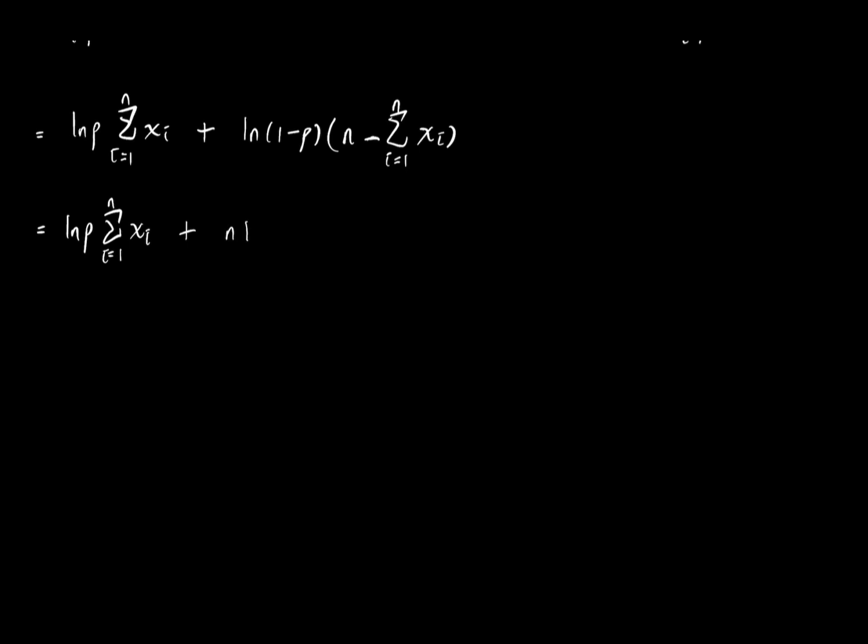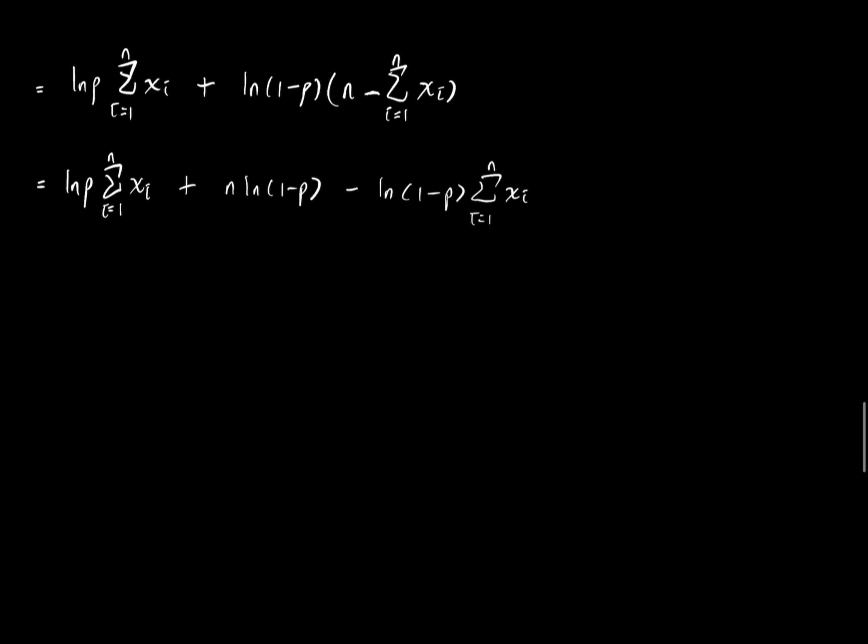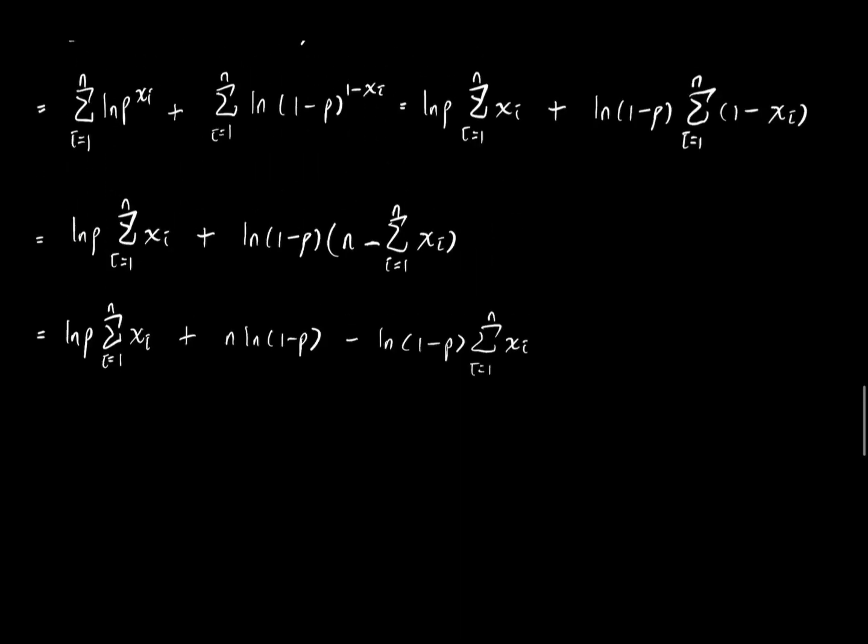So n ln(1 minus p), and then minus ln(1 minus p) times sigma i equals 1 to n of xi.